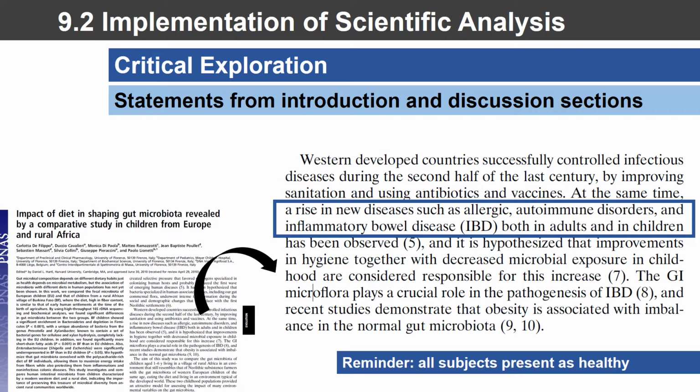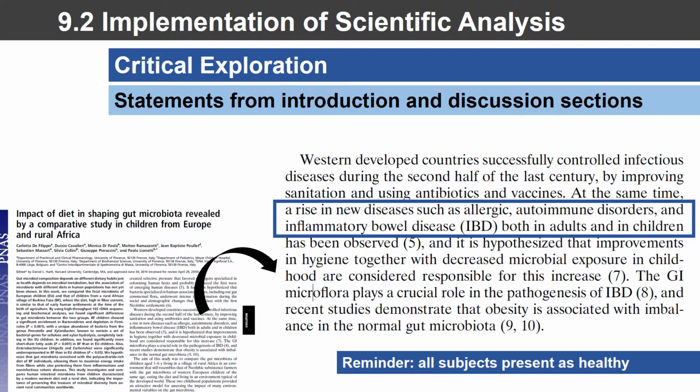Because I really want to remind you of an important indicator sentence that they've given you in their paper when they presented the study design, and we're going to come back to this later in that section. But when they chose all the subjects in both of these areas, and in particular the rural parts of Africa where diseases like malaria can be found, all these subjects presented as healthy.